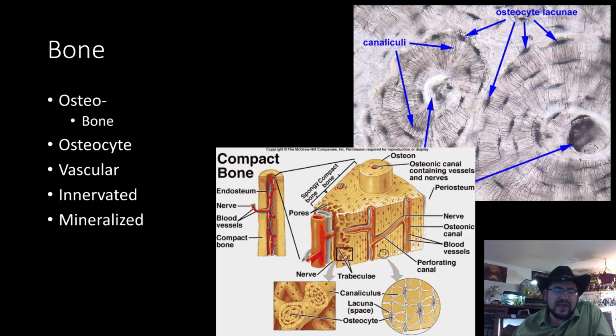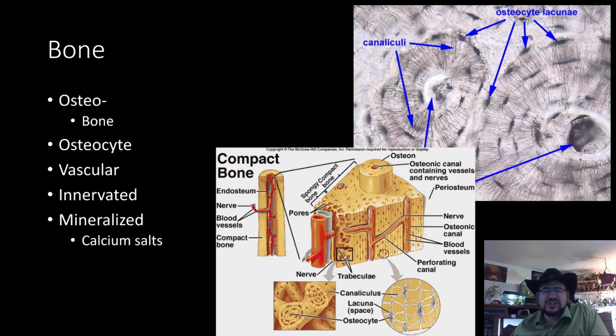by two basic structures that result in the mineralized matrix. First up, the reason it's mineralized is calcium salts. These calcium salts provide rigidity to the bone. It allows the bone to maintain a rigid shape.